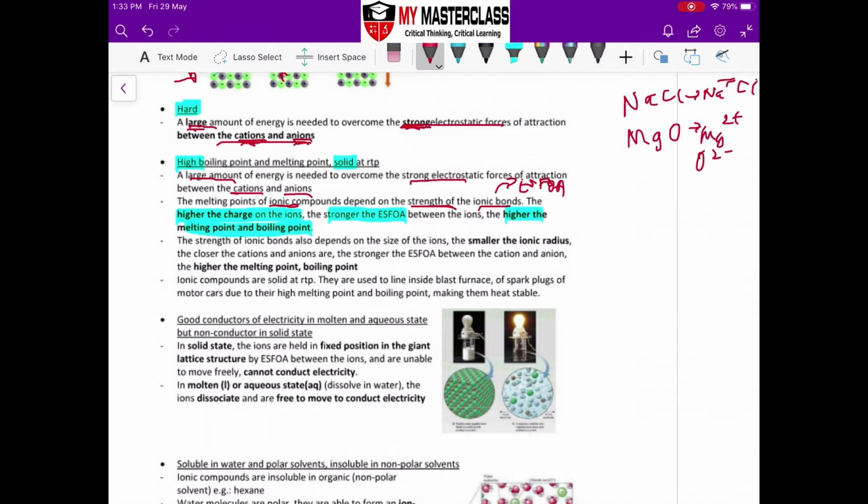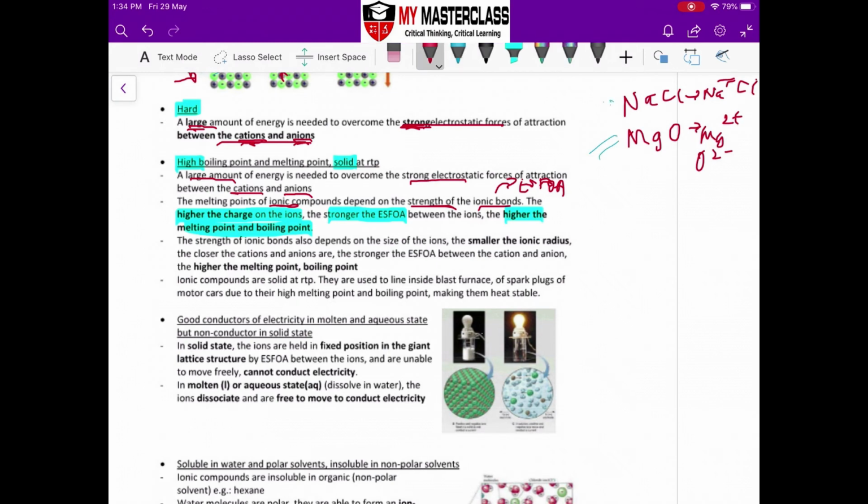So my magnesium oxide has double the charge. The ions of magnesium oxide have higher charge than sodium chloride. Therefore, it has a stronger electrostatic force of attraction. This leads to higher melting point and boiling point. So magnesium oxide will have higher melting point and boiling point than your sodium chloride.